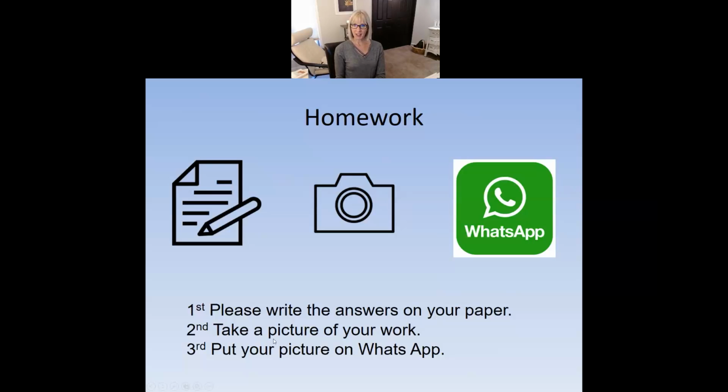When you are finished, take a picture of your writing and put the picture on WhatsApp. First, write the answers on your paper. Second, take a picture of your work. Third, put your picture on WhatsApp.